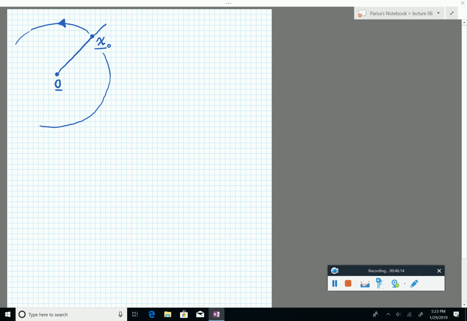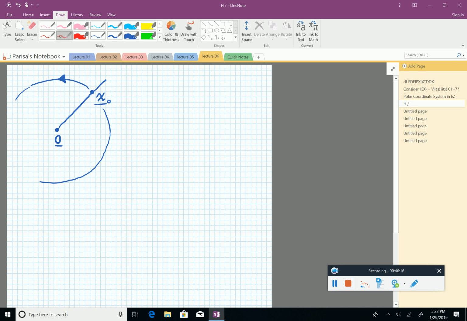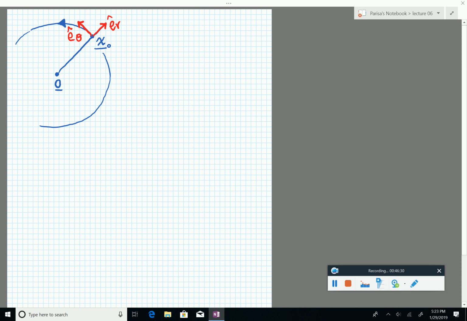So it turns out that the unit vectors are parallel to the gradients as we would expect, but they're not exactly equal.